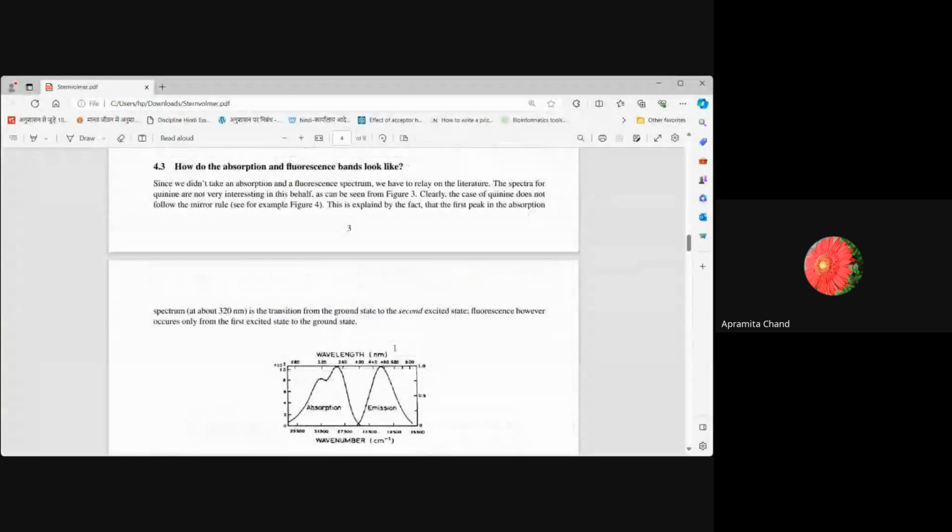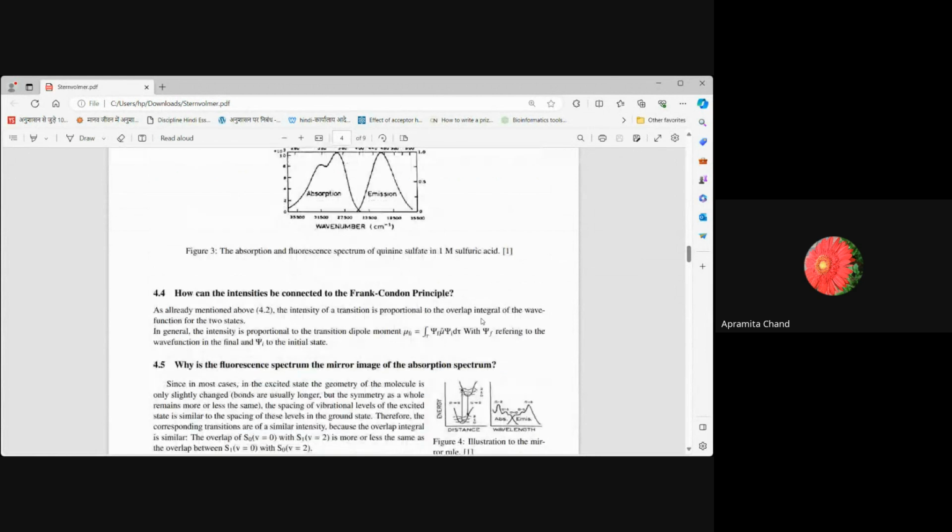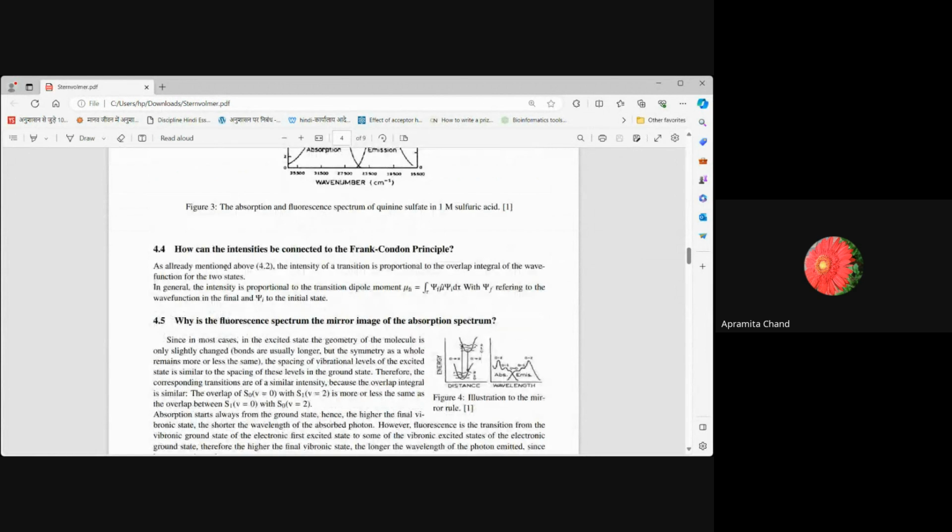So here we are coming to fluorescence now. This is the absorption and the fluorescence spectrum of quinine sulfate. Now, how can the intensities of the fluorescence spectra be connected to the Franck-Condon principle? This is the application part. We have already discussed earlier that the integrals are controlling the band intensities.